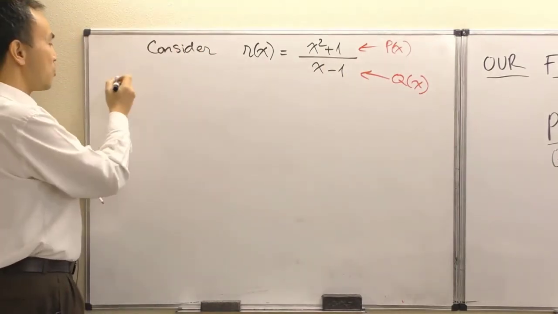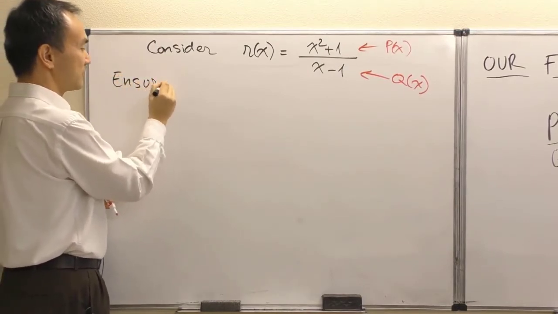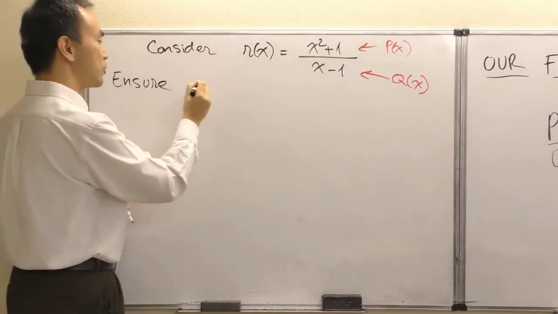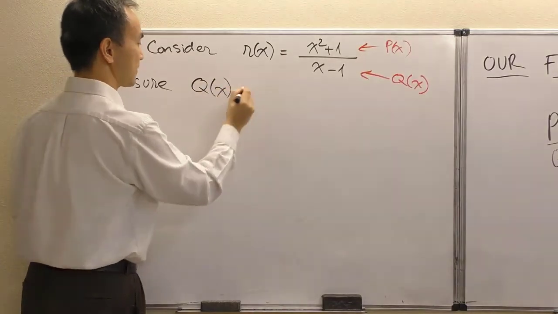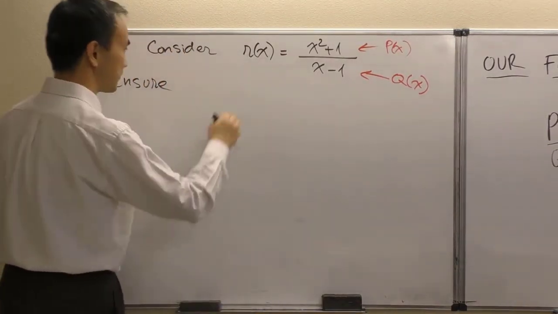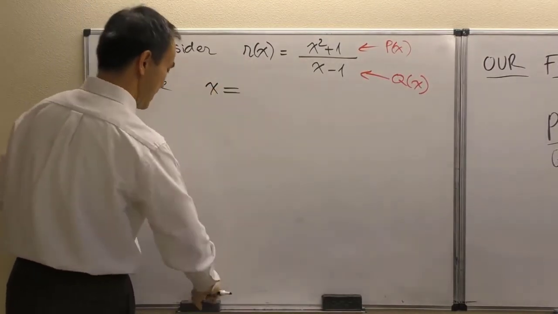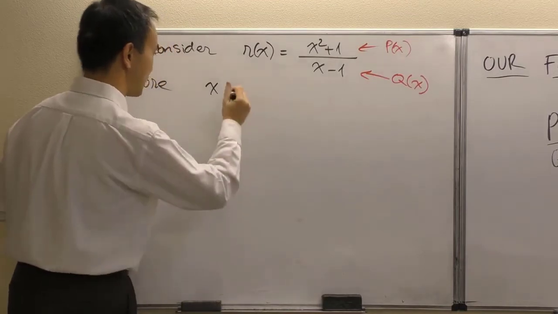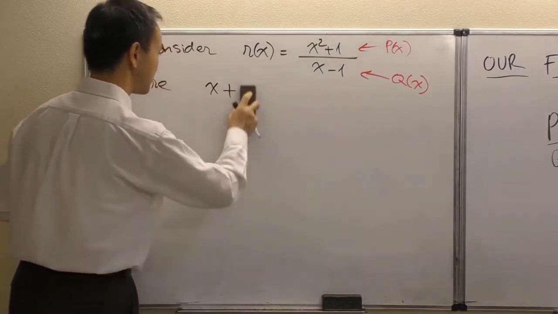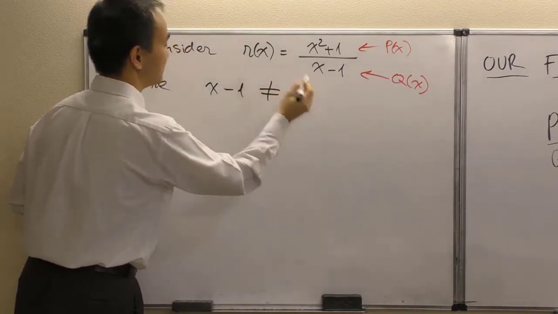So as a goal, let me remind you of that permanent requirement again: we must ensure that q of x, which in this case specifically is x minus 1, must be non-zero.